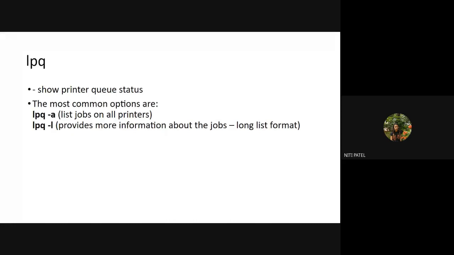Along with that, it will also give me extra information: at what date it was given, what was the time of printing, what is the status of printing, who is the owner, how many pages are there, what is the size. All this information will be given. So LPQ can be used with these two options.